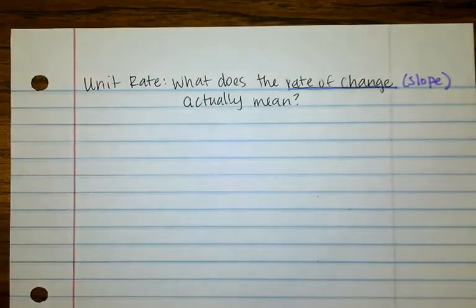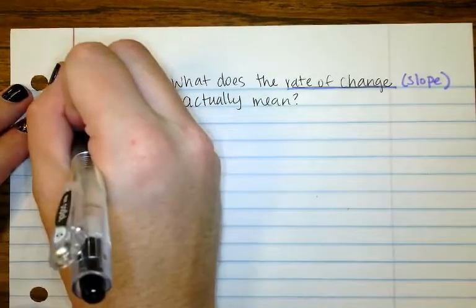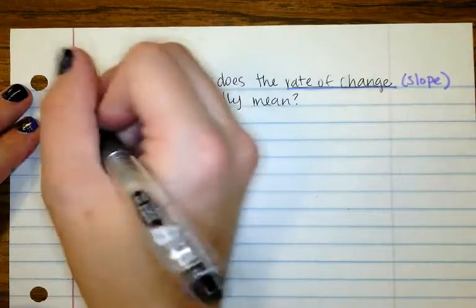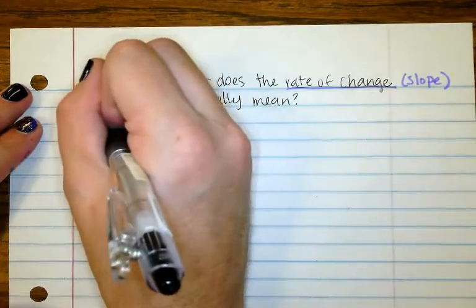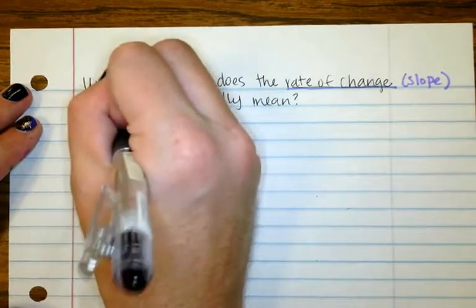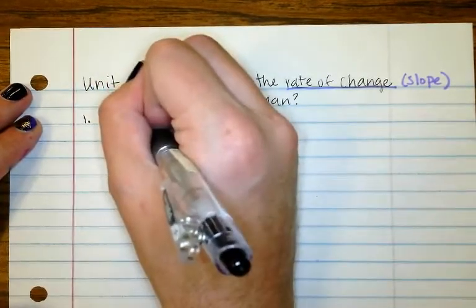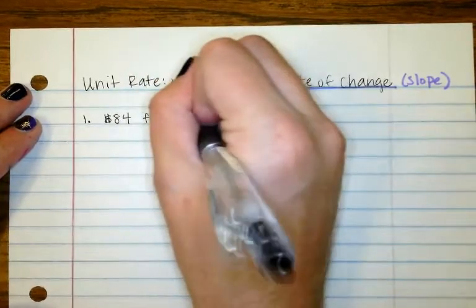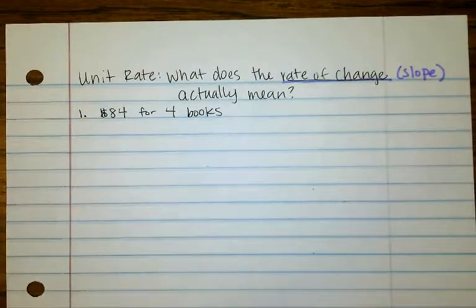So guys, if I tell you, oh, I just went to the bookstore and I spent $84 for 4 books that I just bought. What would be the unit rate in this case? We want to think about the change in your y.